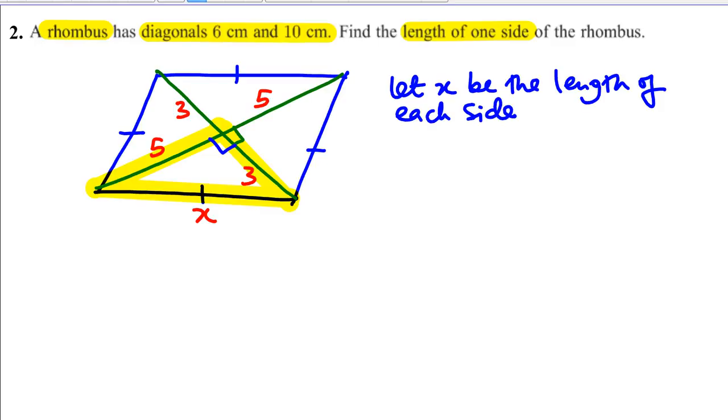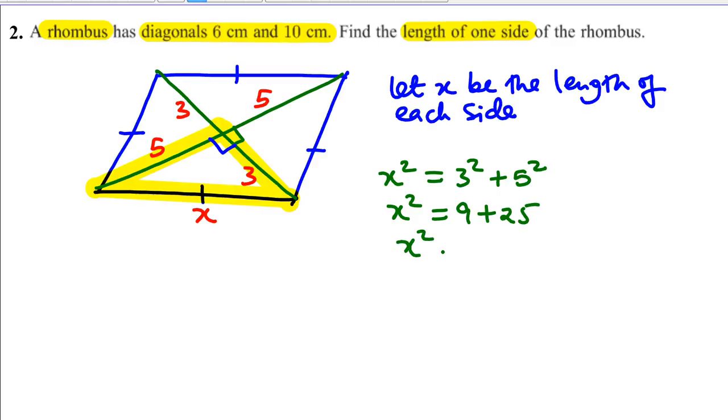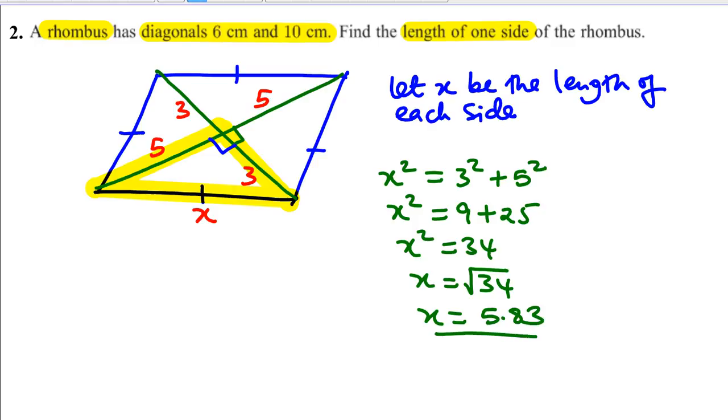Given that x is the longer side here, I'll say that x squared is equal to 3 squared plus 5 squared. So x squared will be equal to 9 plus 25. X squared will be equal to 34. And x will be the square root of 34, which will be 5.83.